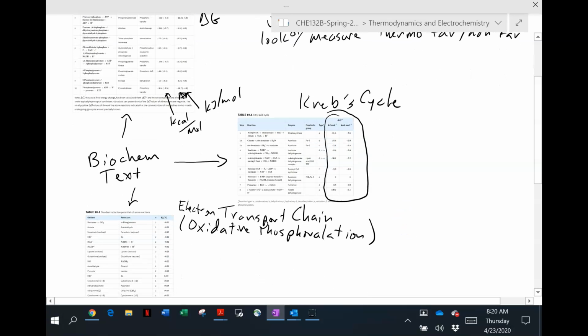When you get down to the electron transport chain, without fail, this is discussed in terms of mV or V. V is, of course, a volt. mV is millivolts, a 1,000th of a volt. And this is in the language of electrochemistry.